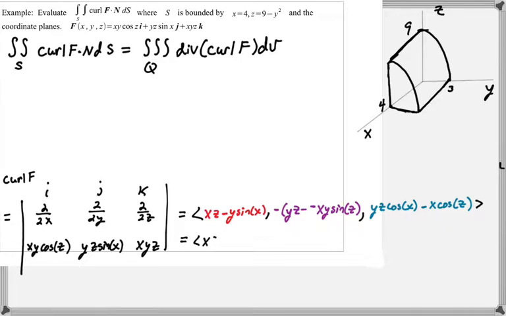which is going to be equal to xz minus y sine of x, minus yz plus, oh, we got 3 negatives. 1, 2, 3. So 3 negatives, the net result is negative xy sine z, comma yz cosine x minus x cosine z.